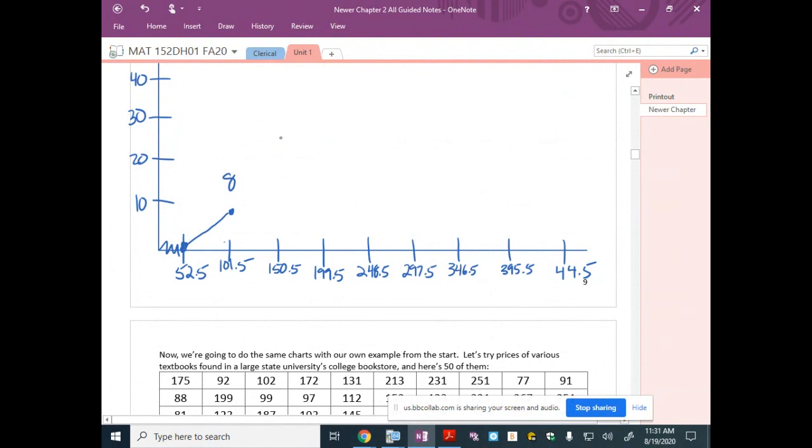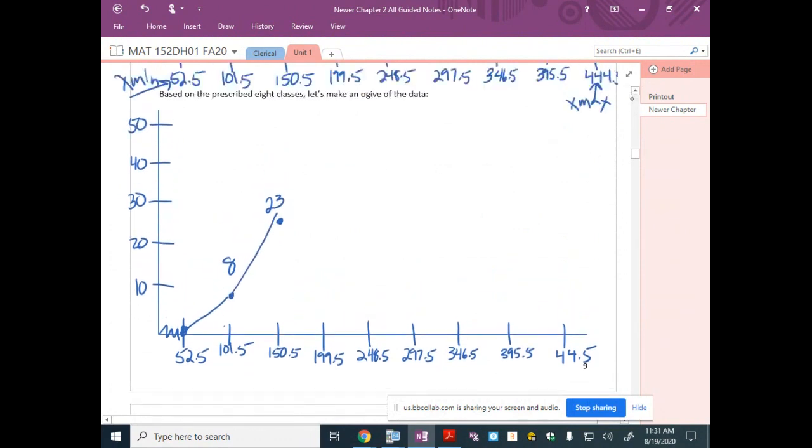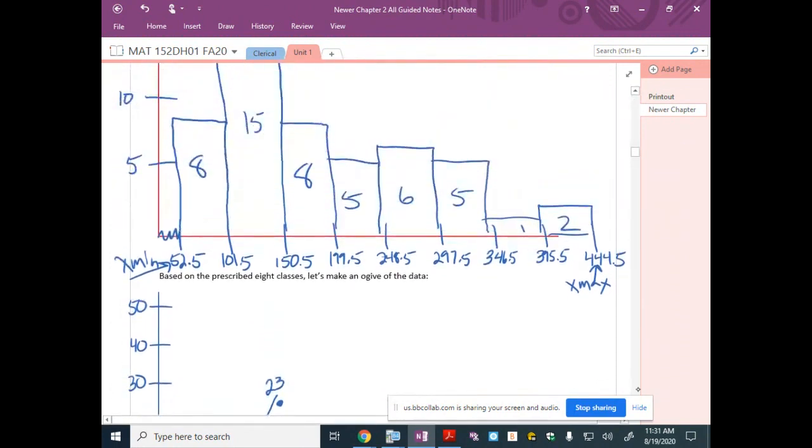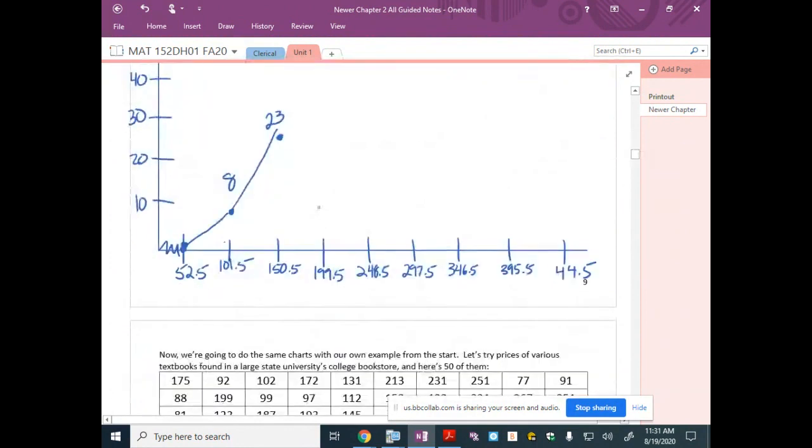Cumulatively, it would be 23. How about the next one? 31.